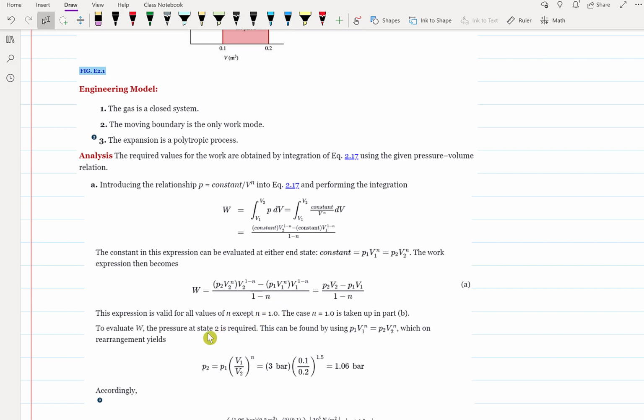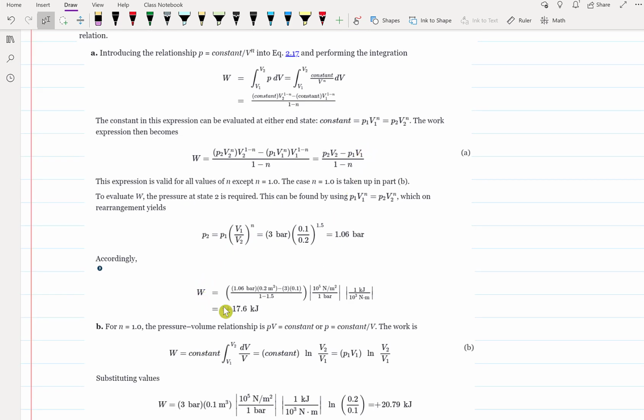So first, when n is equal to 1.5, the only unknown is the pressure at state 2. So we solve it for P2, and when n is 1.5, P2 is 1.06 bar.